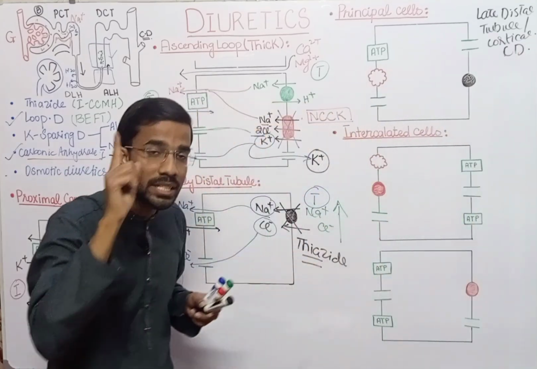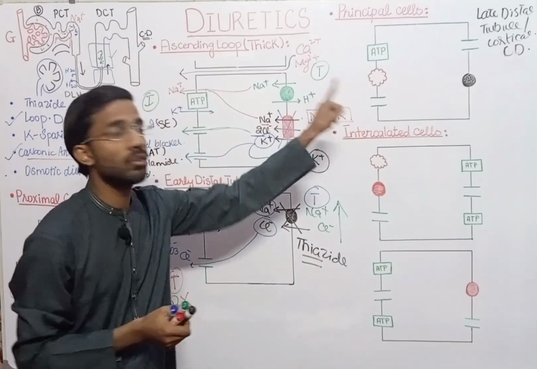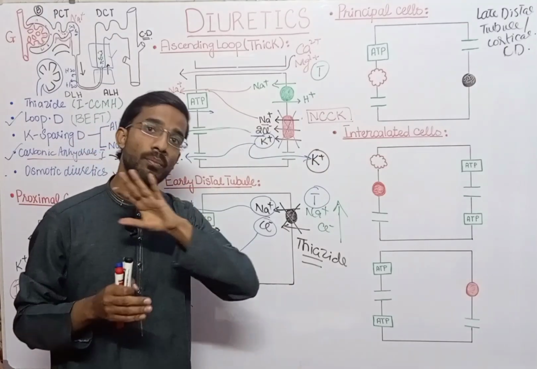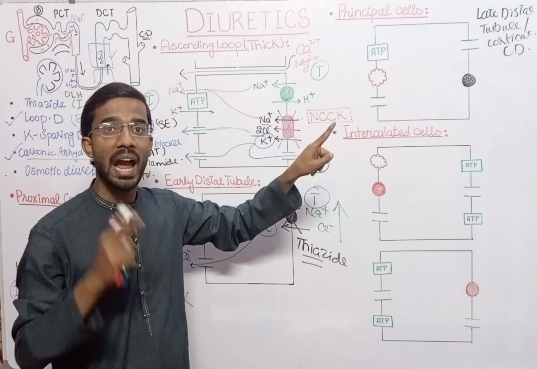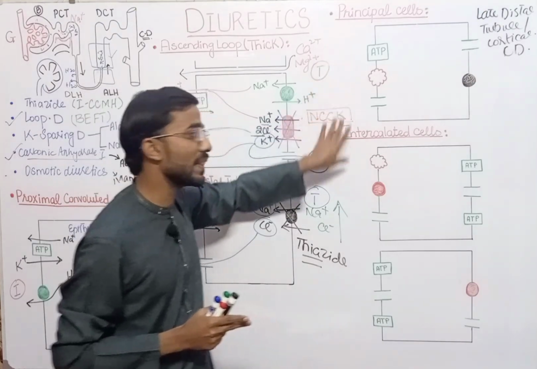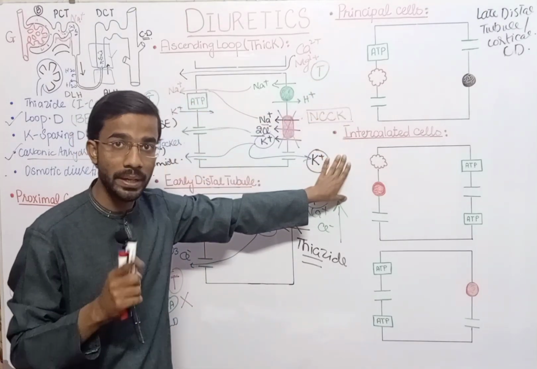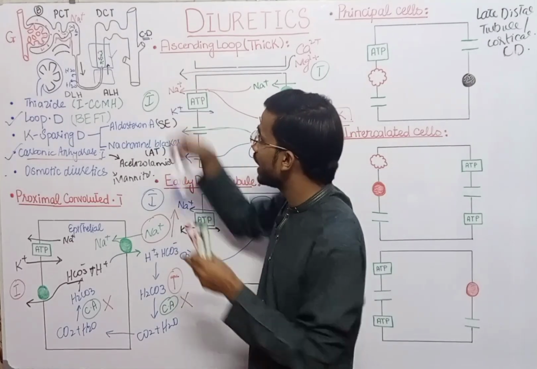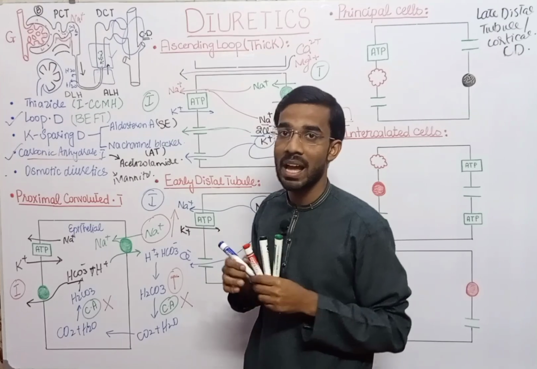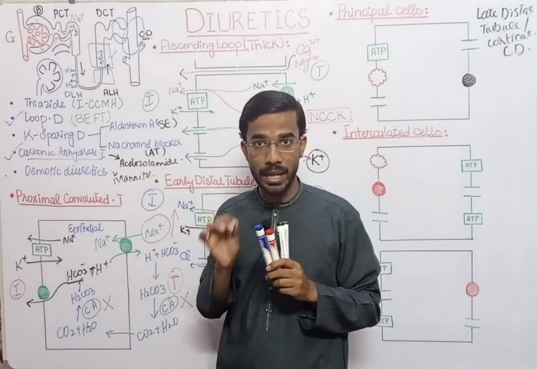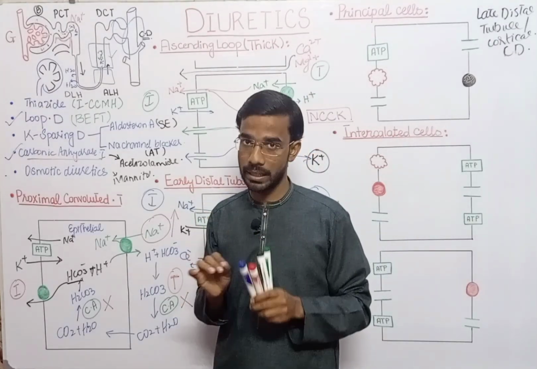The late distal tubule and the cortical collecting duct have the same cells. Both of these components have two cell types, principal cells and intercalated cells. I repeat, the late distal convoluted tubule and the cortical collecting duct have the same cells, principal cell and intercalated cell.